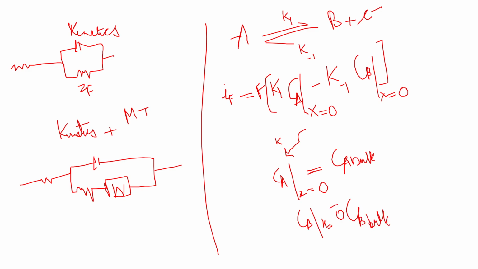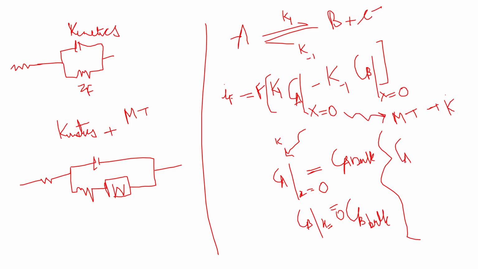So that is the case when there is no mass transfer effect. As I told, when mass transfer comes into play along with the kinetics, potential is applied. There can be fluctuation in potential, and similarly there can also be fluctuation in the concentration.